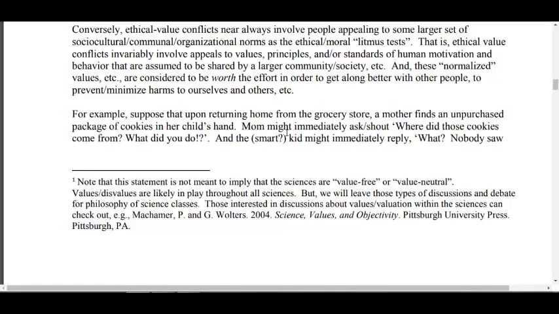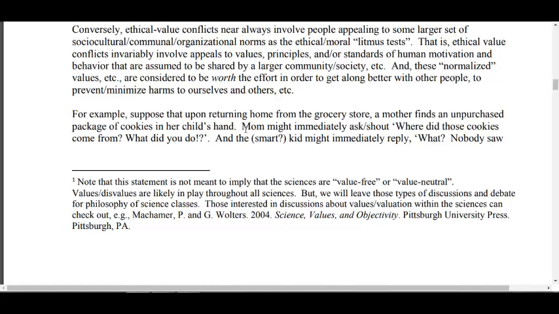An example would be the one that I put here. Suppose that you go to the grocery store, you come home, and then all of a sudden you notice your child has this package of cookies or Cheetos or Fritos or whatever in their hand. And think about a parent's knee-jerk reaction, just a typical parent, we're talking about averages here, like the mean.